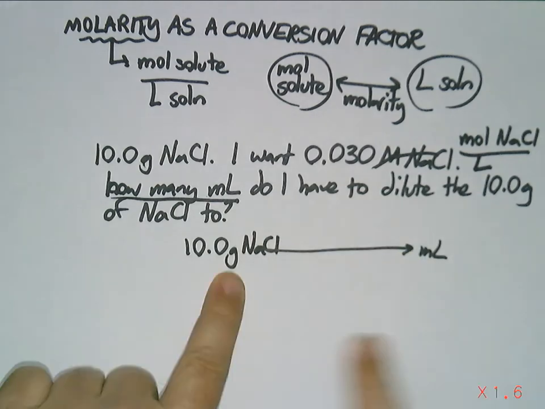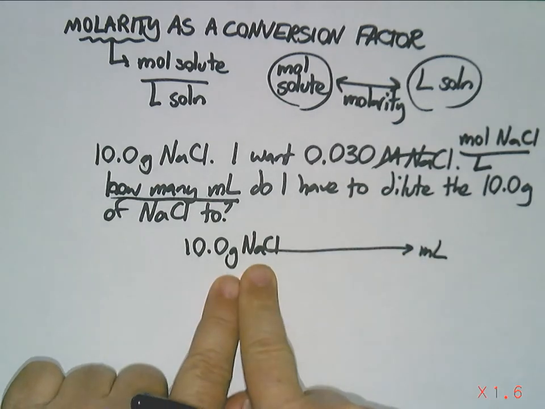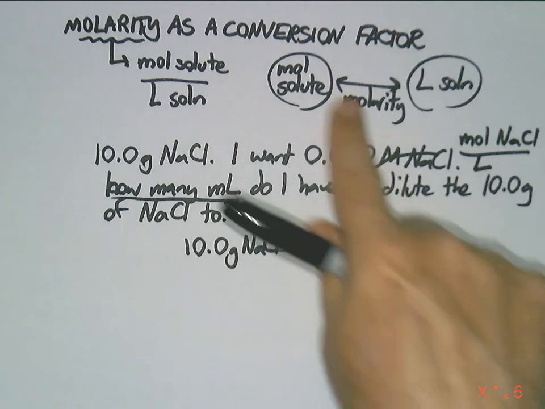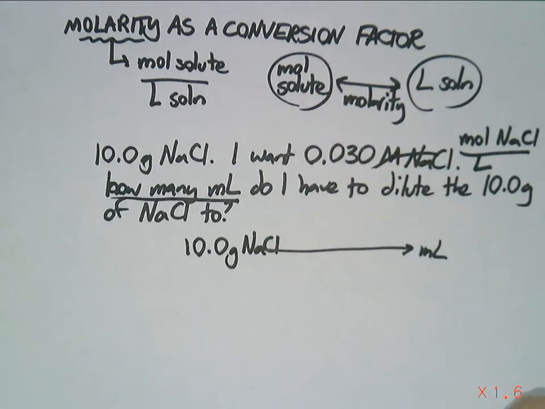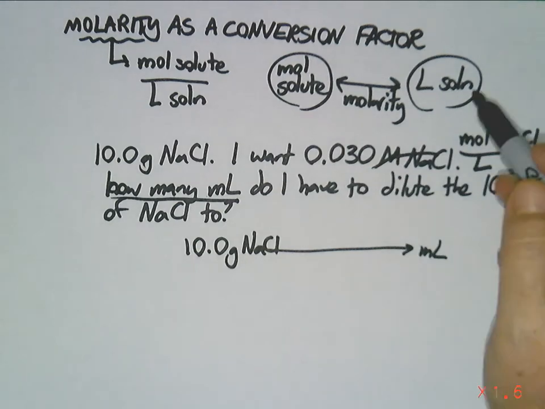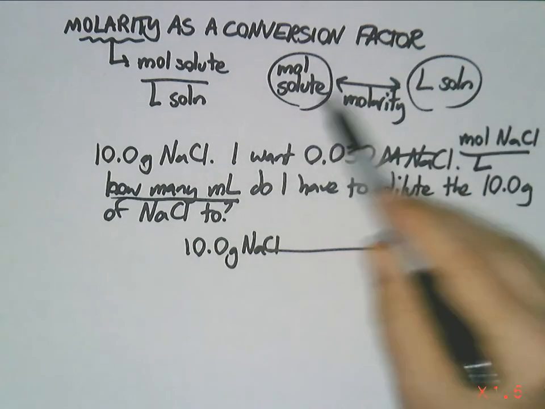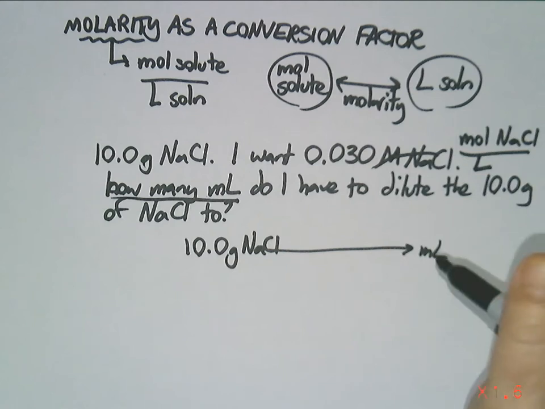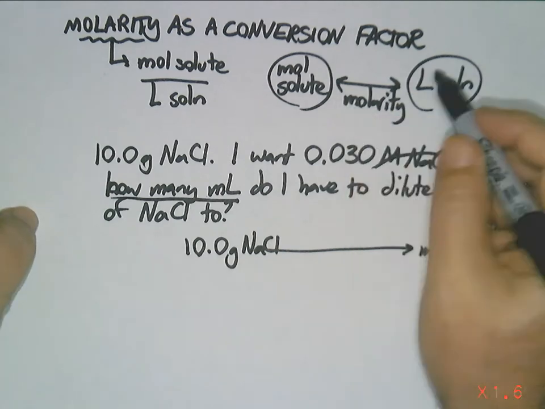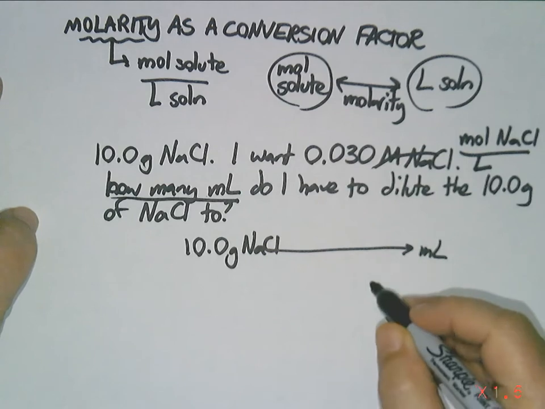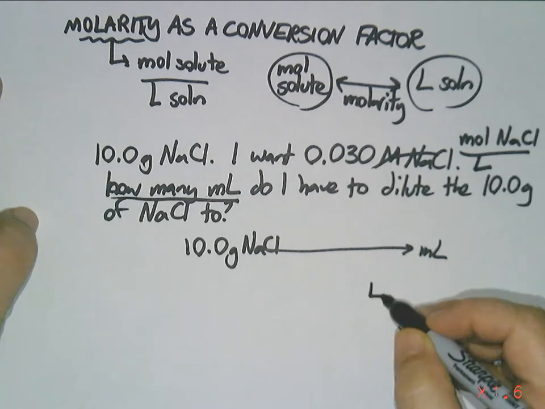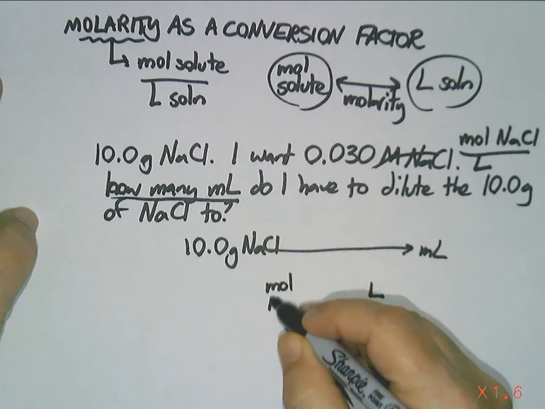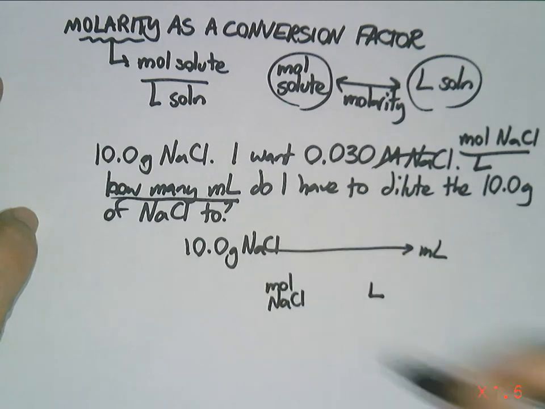Now I've got to connect an amount of solute to the volume of solution. And the critical link is going to be a molarity, because anytime you're trying to convert solute into volume of solution, the molarity is the link you need. So let's drop this link in here. Let's drop liters close to milliliters, and moles of solute, which is the NaCl, close to the grams.